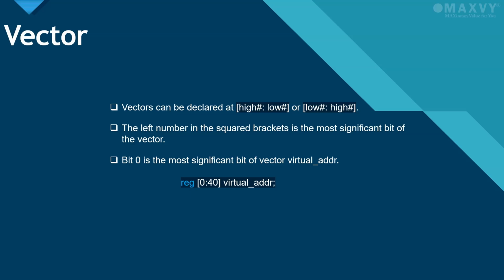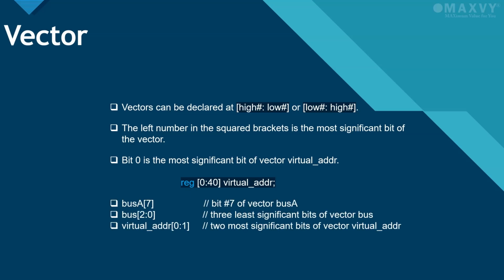When working with vectors, you can address specific bits or parts of vectors. For instance, busA[7] accesses bit 7 of the vector busA. Bus[2:0] accesses the three least significant bits of the vector bus. Virtual_address[0:1] accesses the two most significant bits of the vector virtual_address.